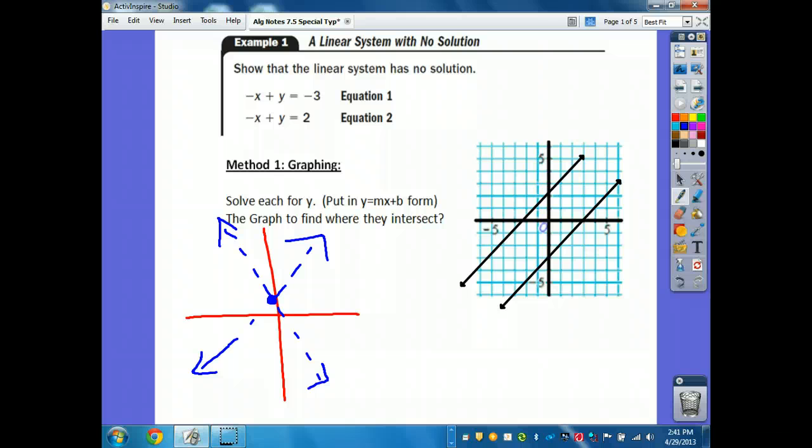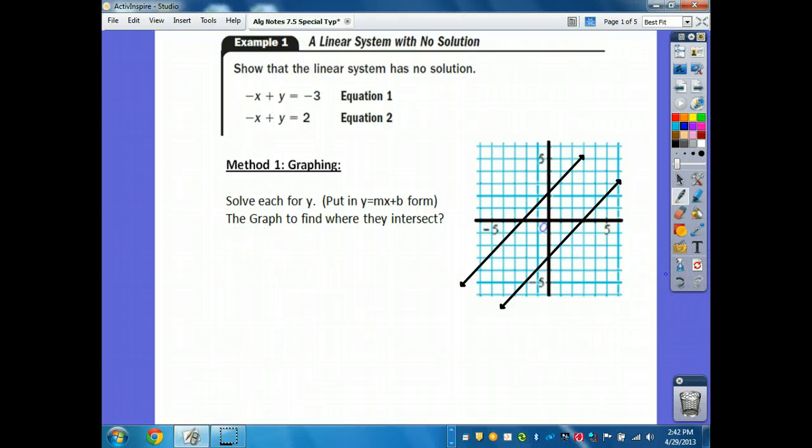Now here, they've taken these two lines right here and graphed them. Are yours graphed on your notes? No. Okay. Well, rearrange them. And when these end up getting graphed, we'll graph them here in a minute, they're parallel.